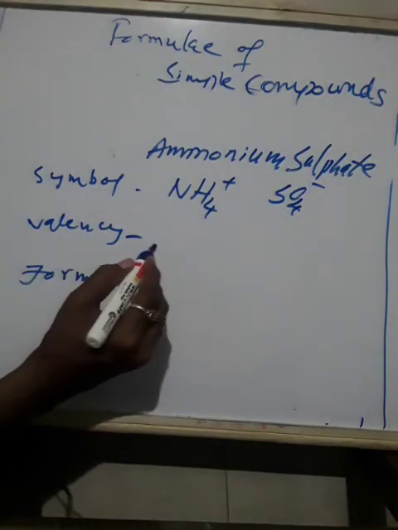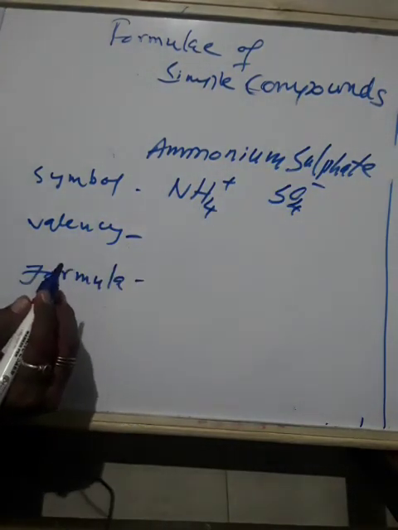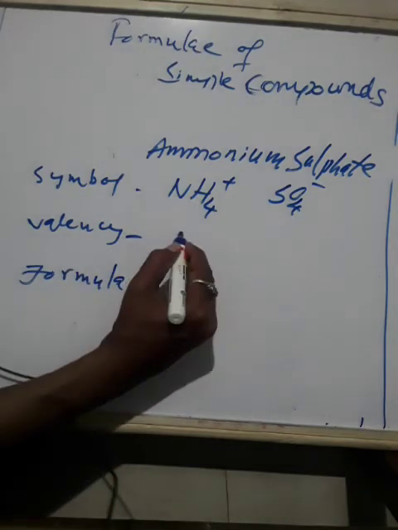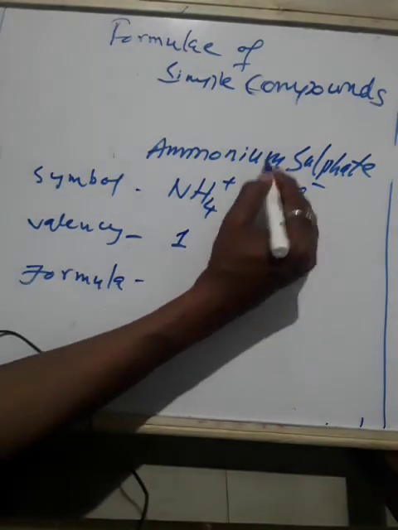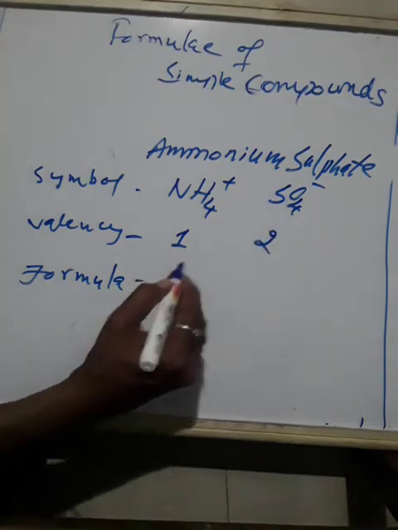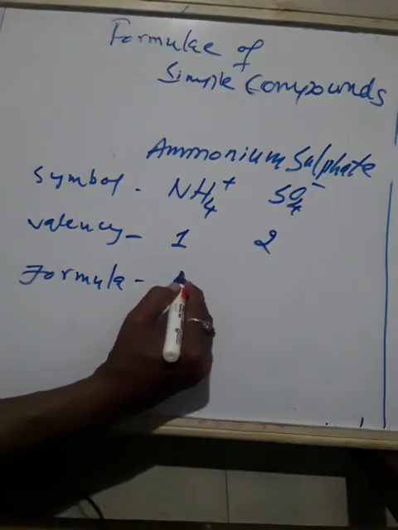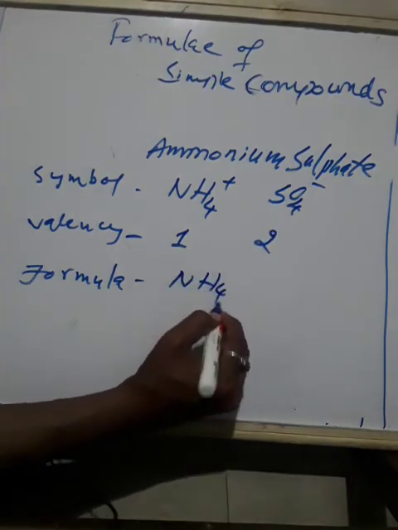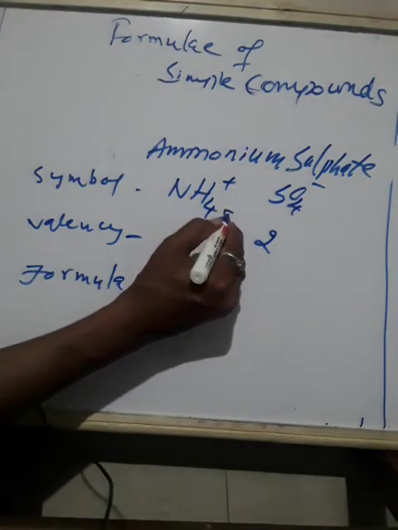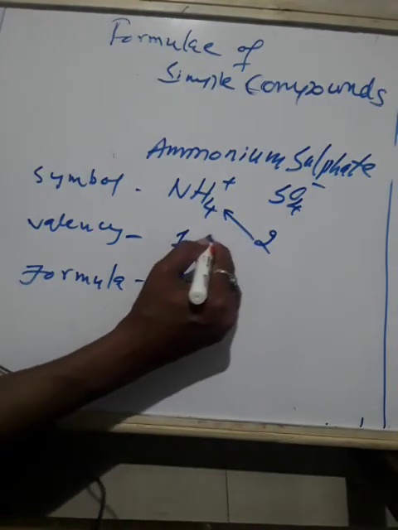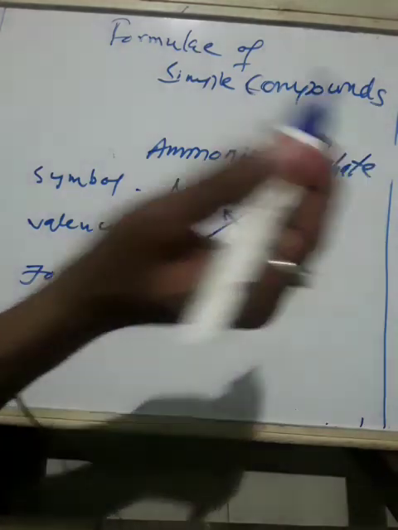Okay, the charge of ammonium is 1 and the charge of sulfate is 2. Now the formula becomes NH4. Okay, 2 will be given to NH4 and 1 will be taken by sulfate.